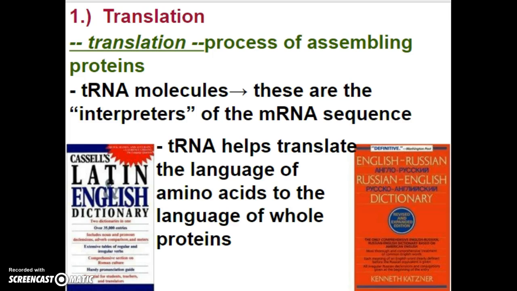Remember, transfer RNA has 23 different types, and each one of those 23 different types is linked to a specific amino acid. Putting amino acids together is making a protein. So replication is making more DNA. Transcription is how we make RNA from DNA. And then translation is how we take that message from the RNA and make it into proteins.